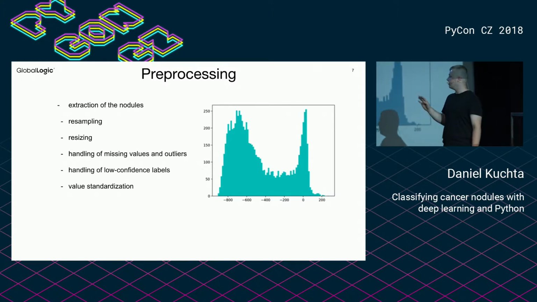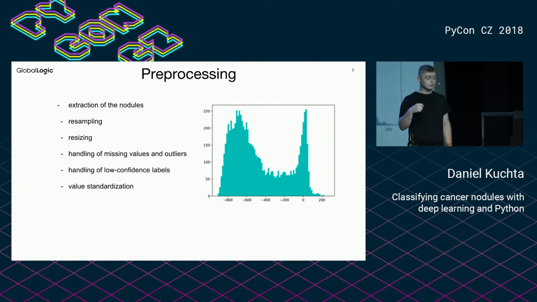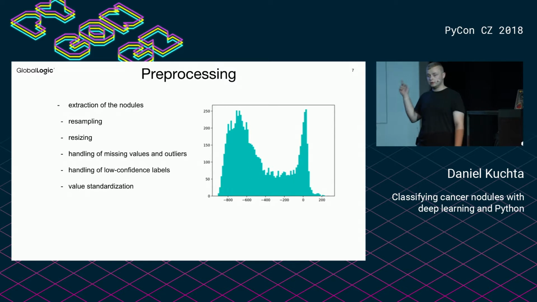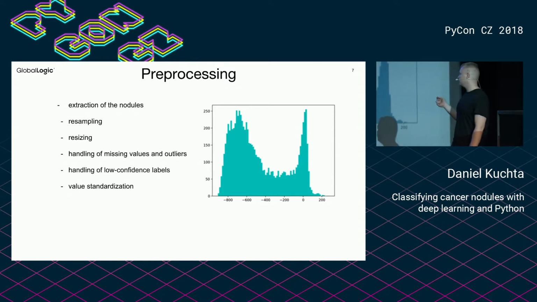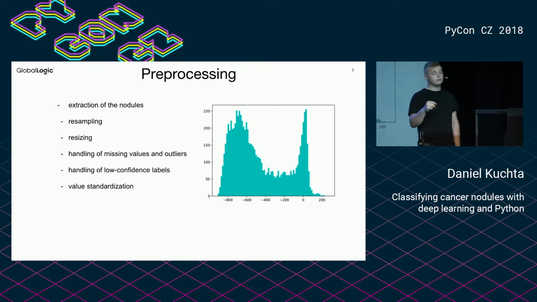But that's not all. We also had to handle some missing values, to handle the low confidence values, which I told you about, and we also had to standardize all of the values.